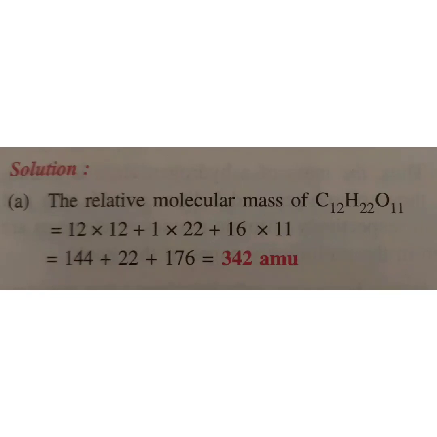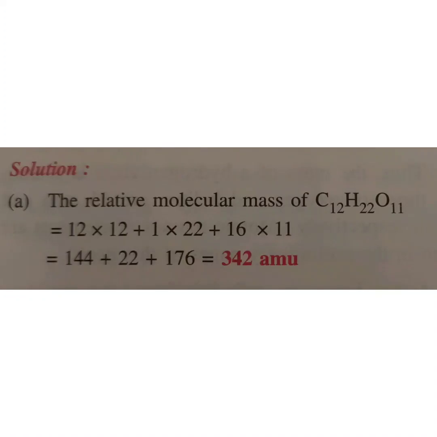And plus 16 into 11. That is, 16 is the atomic mass of oxygen, and 11 is the number of atoms of oxygen present in sugar. So we calculate C12H22O11 as the mass of carbon, 12 into 12 atoms of carbon, plus 1, the atomic mass of hydrogen, into 22 atoms of hydrogen, plus 16, the atomic mass of oxygen, into 11 atoms of oxygen present in sugar.